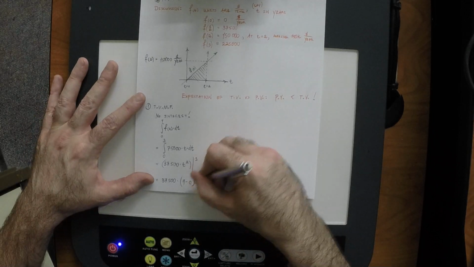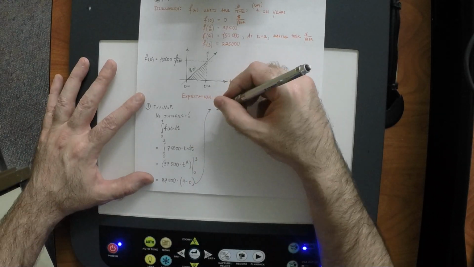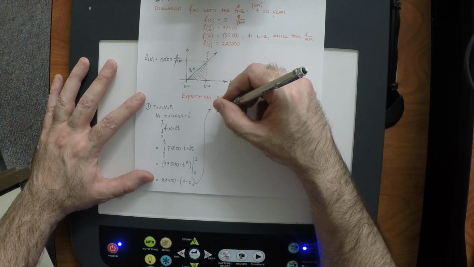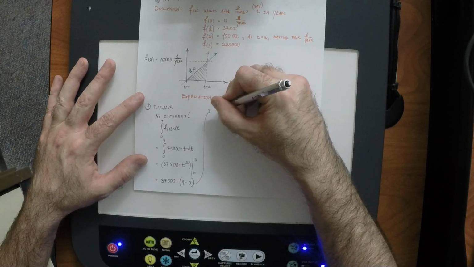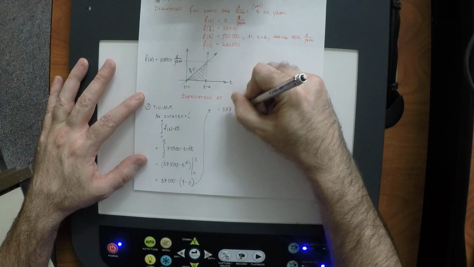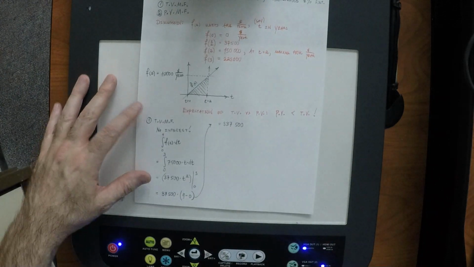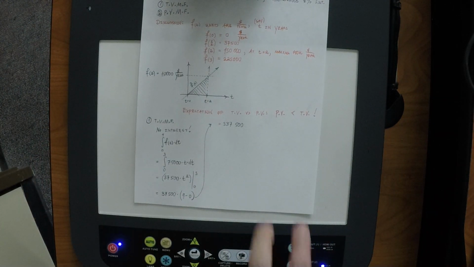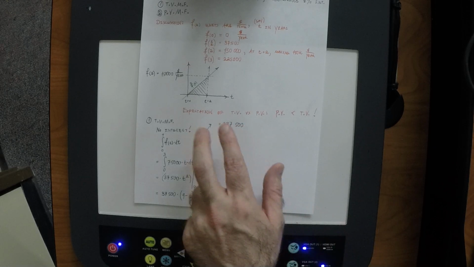So that number is 337,500. So what that's telling you, what is the meaning of this number?